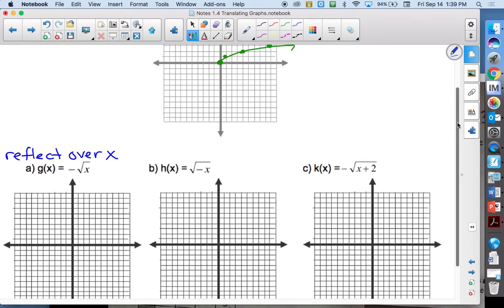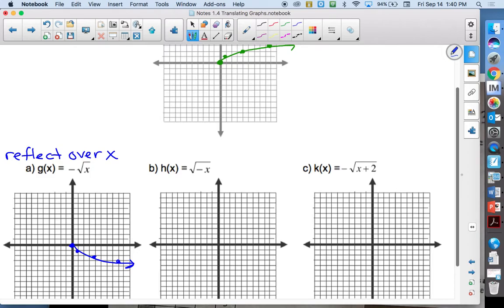So if I take the square root of 1, it's usually 1, but now there's a negative sign in front of it, so it's negative 1. The square root of 4 is usually 2, but there's a negative sign in front, so it's negative 2. So the negative outside means the y values, your answer, is becoming negative, so it's reflecting over the x-axis.